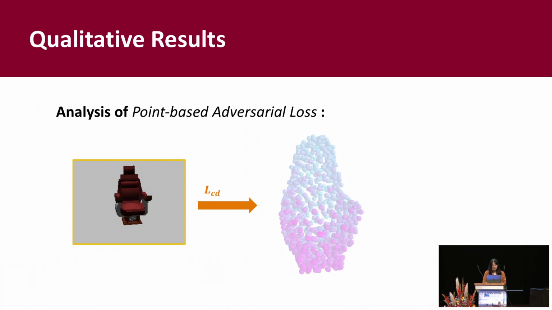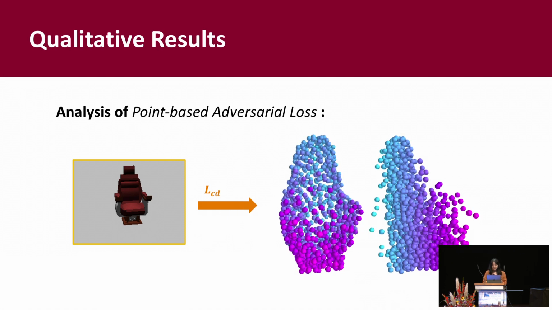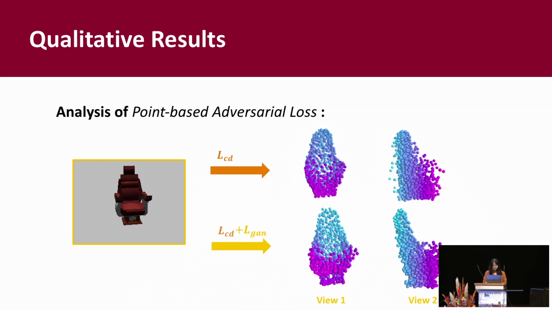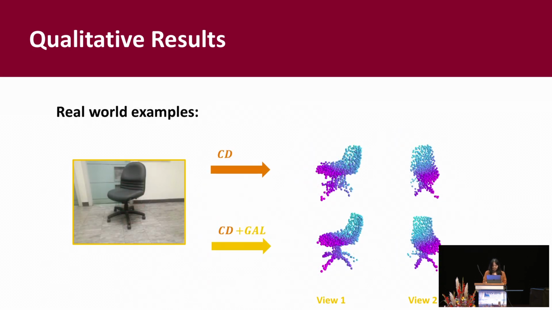For example, the chair generated with only chamfer distance loss obviously cannot be recognized as a chair, especially when observing from the side view, while our results have much better appearance. Here are also some real-world examples.